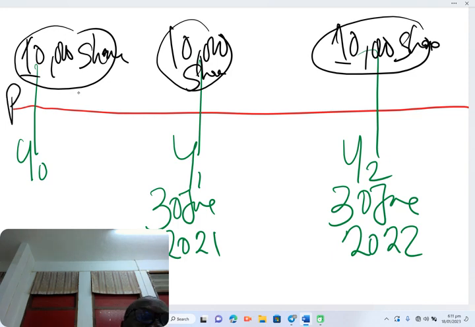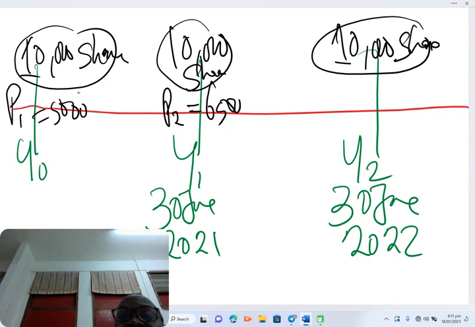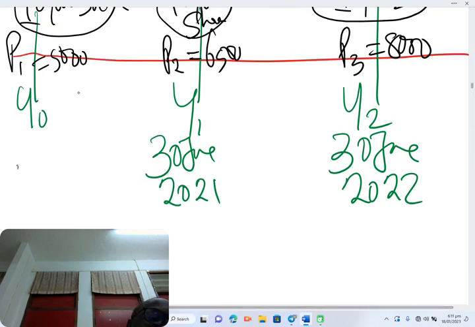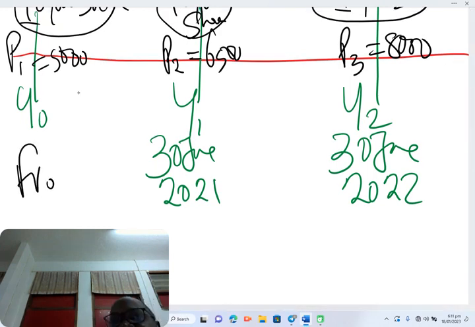P1 is 5,000, and P2 is 6,500. Because these shares are measured at fair value at reporting date, therefore, you have a fair value note initially.